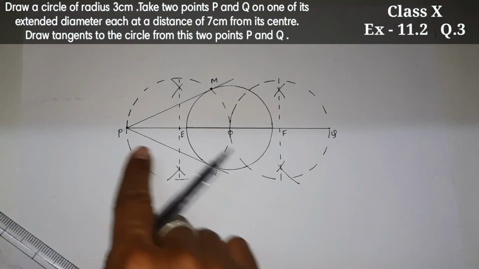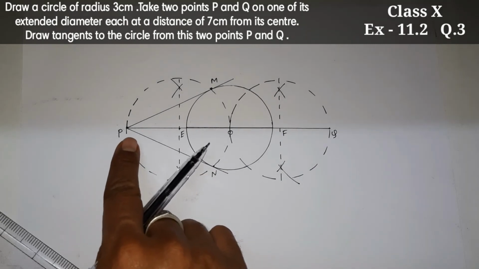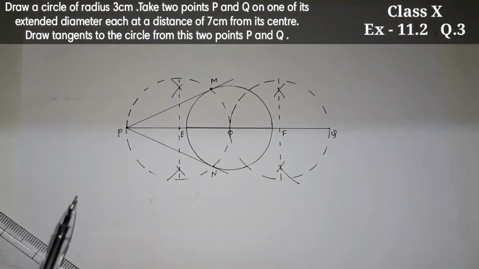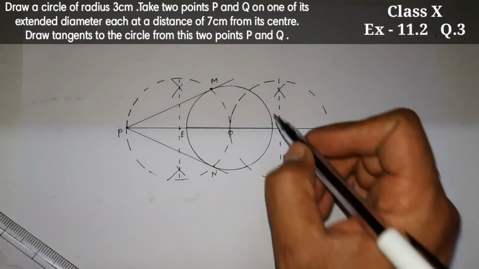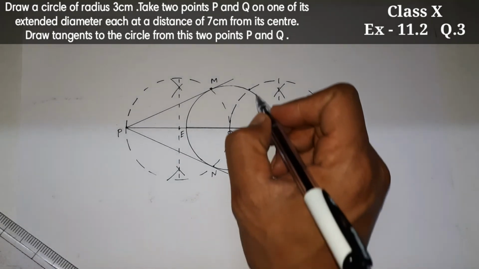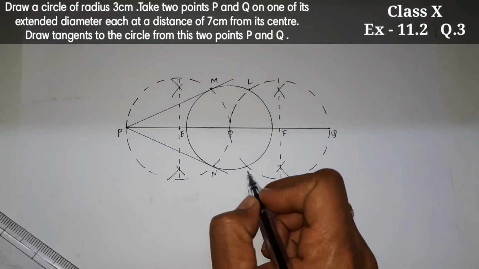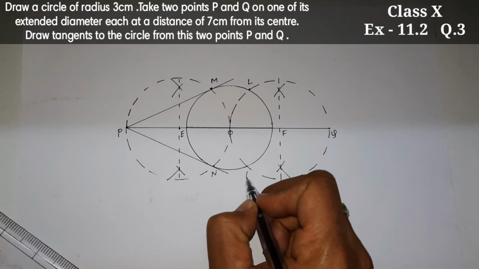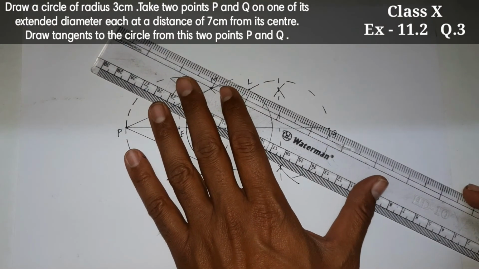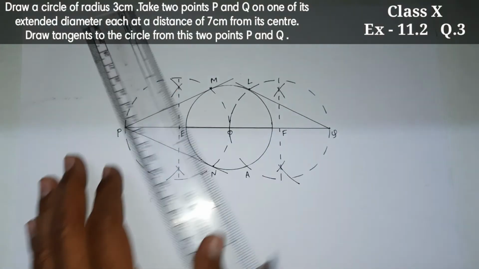So PM and PN are two tangents which are drawn from a point P to the circle having a center O. Similarly, points of contact are suppose here, let it be L, and this point is suppose A. I will join this line QL. Naming can be any alphabet by your side.